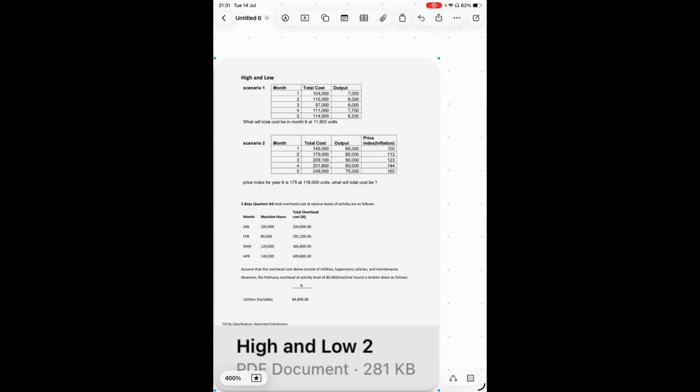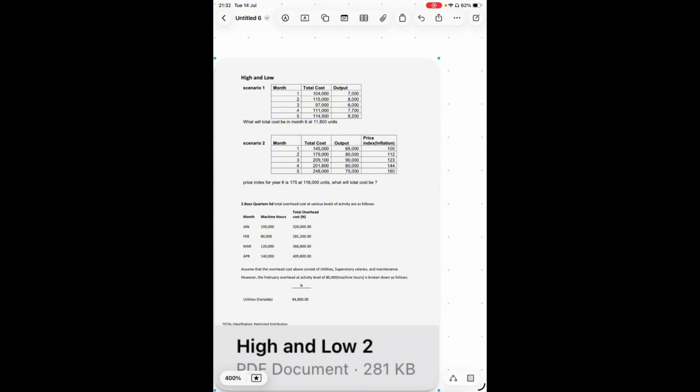Like I said in the earlier topics, for you to estimate cost, two major things remain constant even for the period the examiner is asking about: your total fixed cost and your variable cost per unit. All you need to do is find the total fixed cost in the information the examiner has given you.